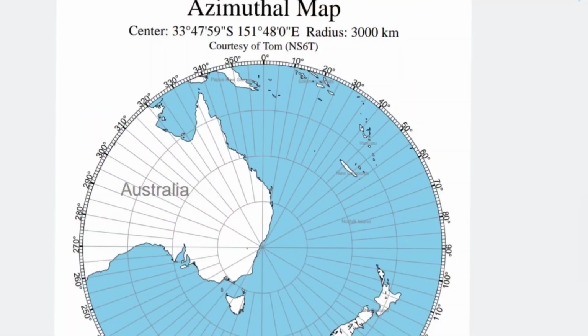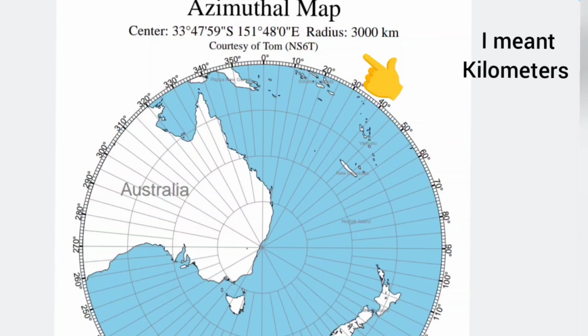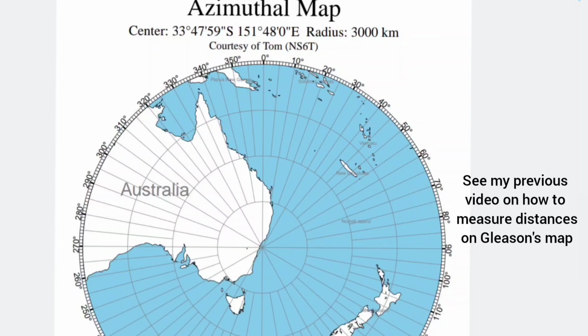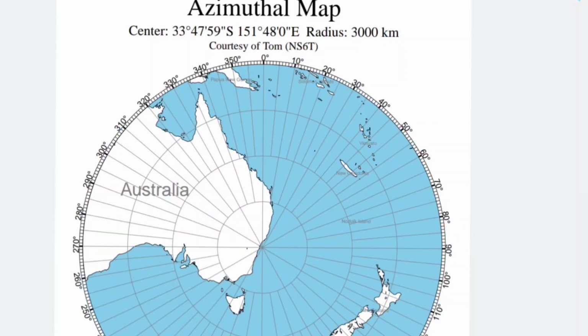So let's check the online AE map generator. So we center his coordinates right by the town next to Sydney, and we put a total radius of 3,000. So from the center to the edge is 3,000 kilometers, and we've gone clear past New Zealand. So how could it be 5,600 kilometers when 3,000 kilometers goes clear past New Zealand in full? So Bob doesn't understand the way the AE map works, or else he wouldn't be strawmanning like that and making these claims.